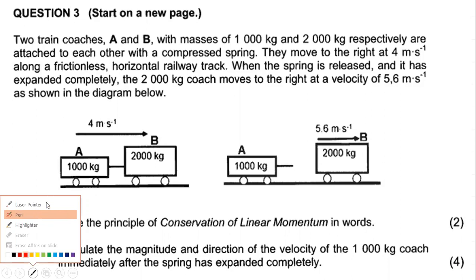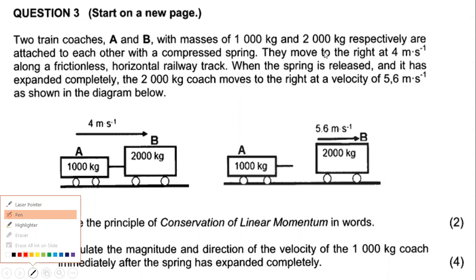Two train coaches, A and B, with masses of 1,000 kilograms and 2,000 kilograms respectively, are attached to each other with a compressed spring. They move to the right at 4 meters per second along a frictionless horizontal railway track.